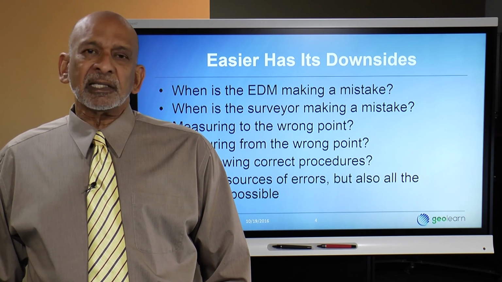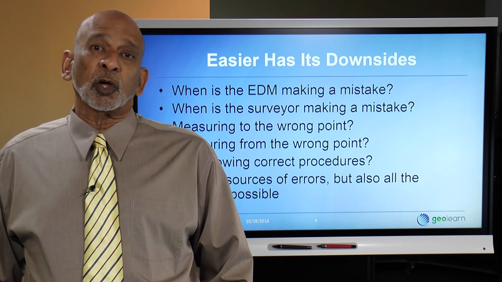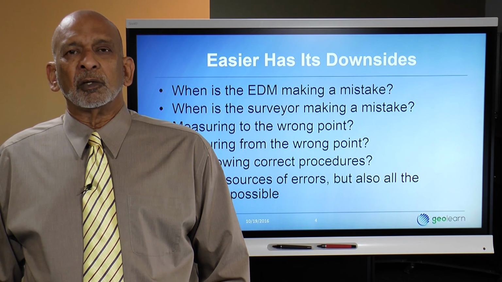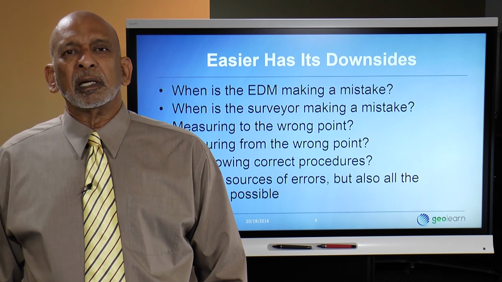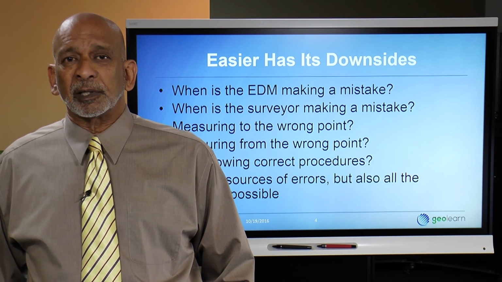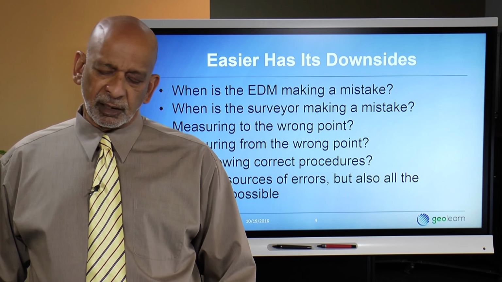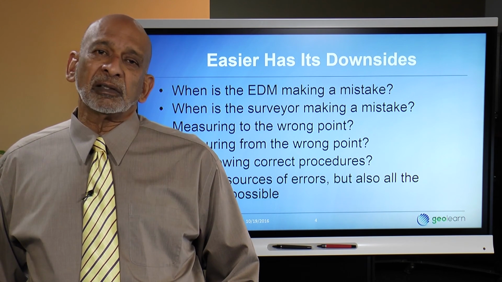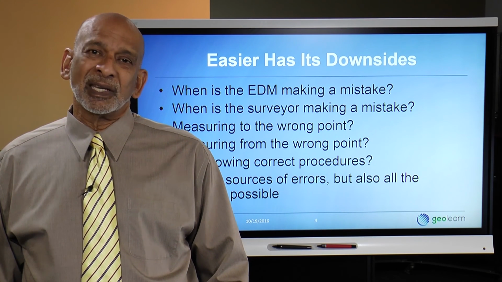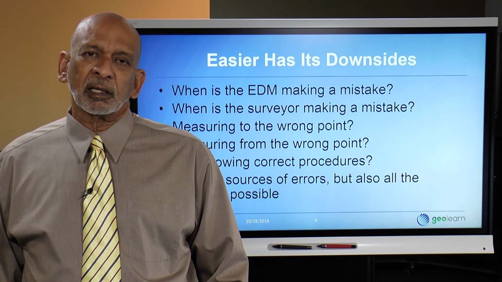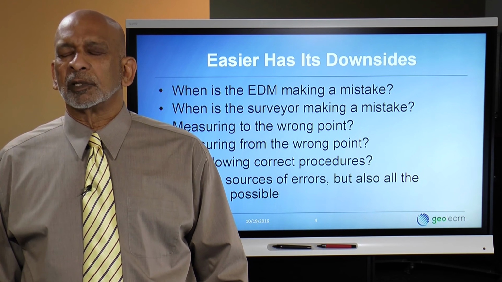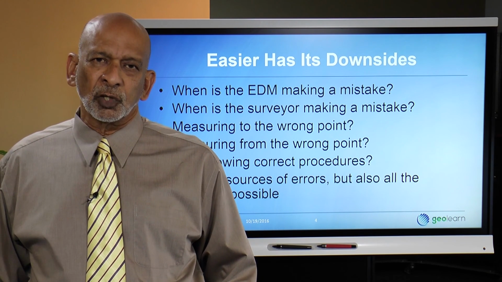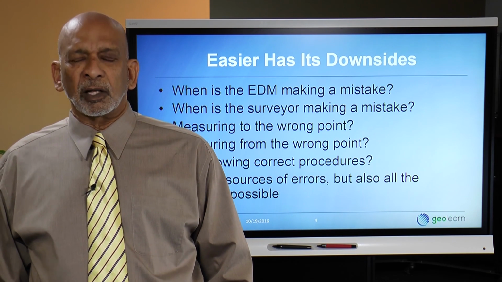Now, easier measurement of distance also has its downside. You get lax, you simply think all you have to do is push a button and you start to forget about some of the things that maybe you should be paying attention to. So one of the things that you need to worry about is, when is the EDM making a mistake? Now that may sound like an unusual thing. I'm talking about the actual machine or the machinery that's used, the equipment that's used, and not the person.